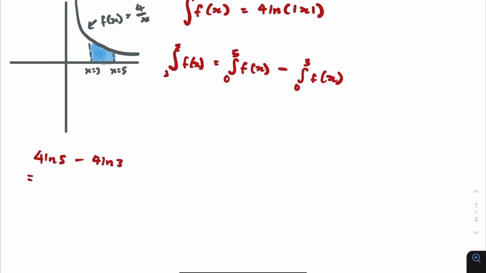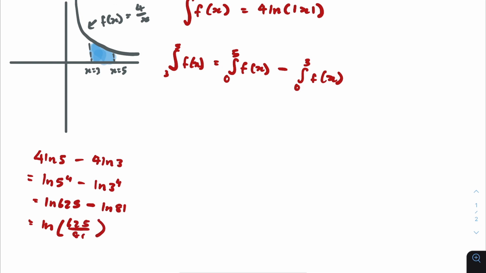We will write it as one term, so it becomes ln 5 to the power of 4 minus ln 3 to the power of 4, which gives us ln 625 minus ln 81. Which means, using the law of logarithms, it's ln of 625 over 81.